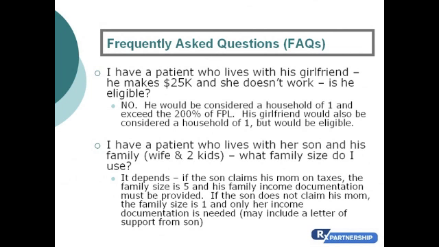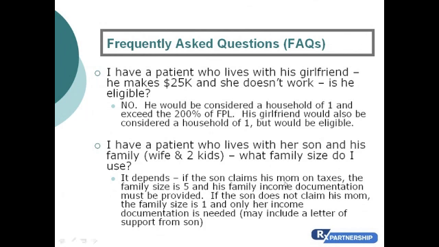Something else that seems to happen quite a bit is a situation where you might have a more senior person who is living with their children and their family. And so here I've got a situation to describe where you're trying to say what's the family size for that person. And the answer is not simple. It depends. So if the son is claiming his mom on taxes, the family size is 5. But that's where you need the whole family income documentation in order to have what you need on file.